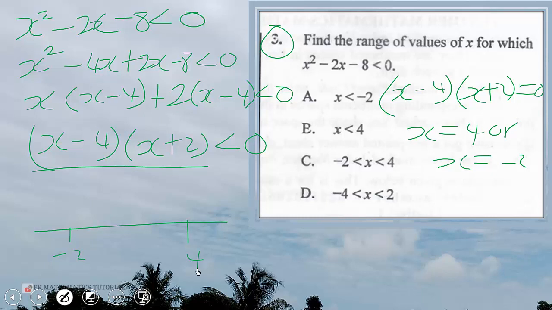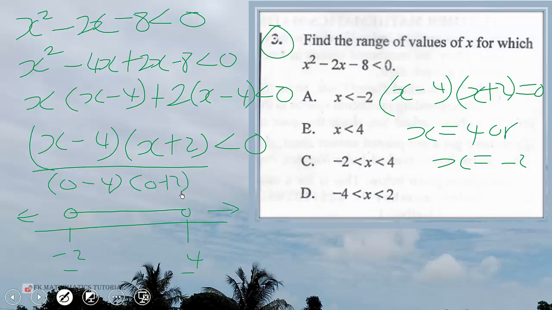So we can test the regions. We pick a number from any of the regions. When we pick from this region, any number from negative 2 to 4, let's say we pick 0. When you put 0 here, we get 0 minus 4 times 0 plus 2.